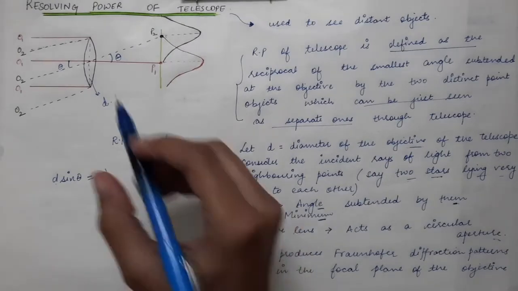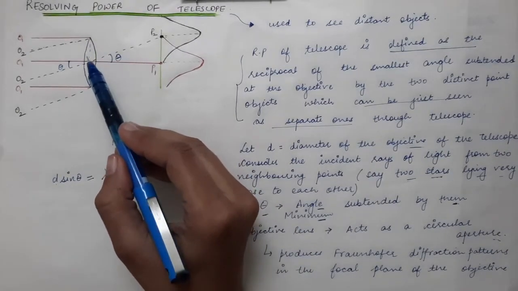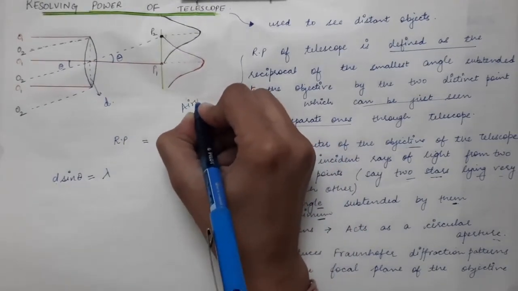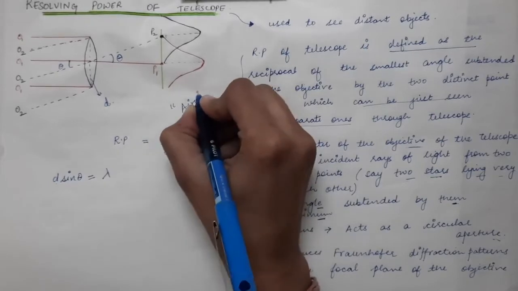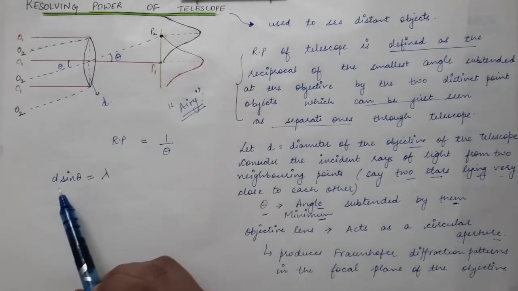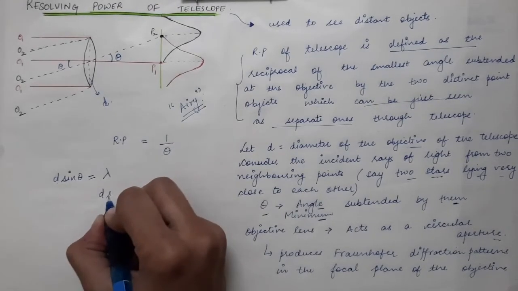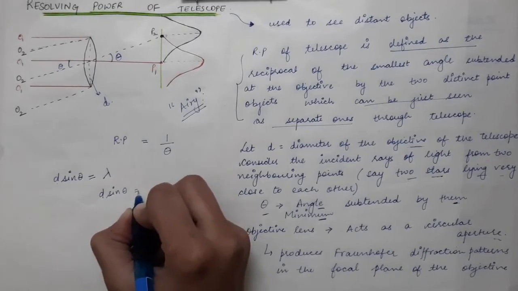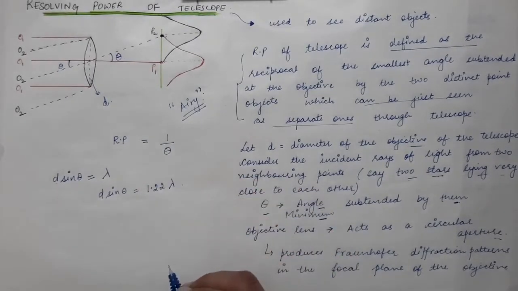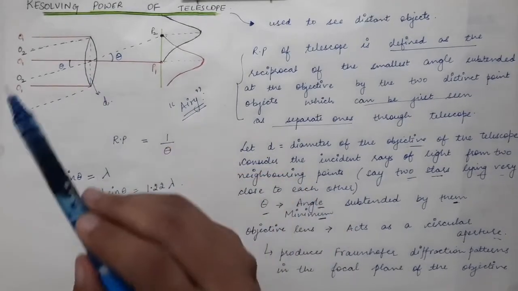And over here the slit that we are using is a circular aperture. In the case of a circular aperture, the scientist Airy found that the condition is not d sine theta is equal to lambda, but it is actually d sine theta is equal to 1.22 lambda. This condition was modified by this scientist in the case of circular aperture.